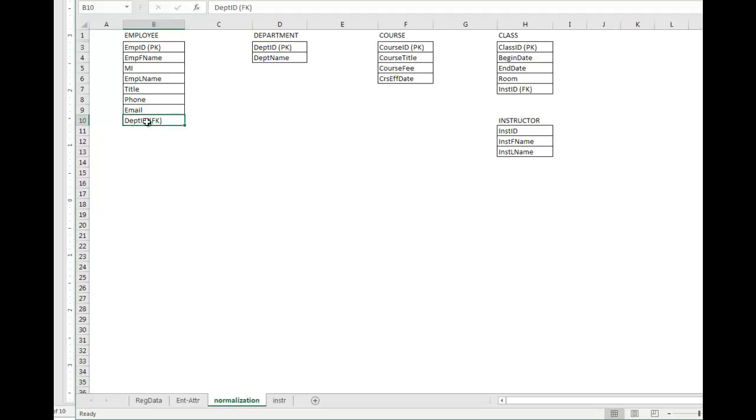Department ID comes from the department table, in which department ID is the primary key. When we use it in a second table, that becomes a foreign key. We will show the relationship between these different tables by creating a relationship between the primary key and the foreign key.